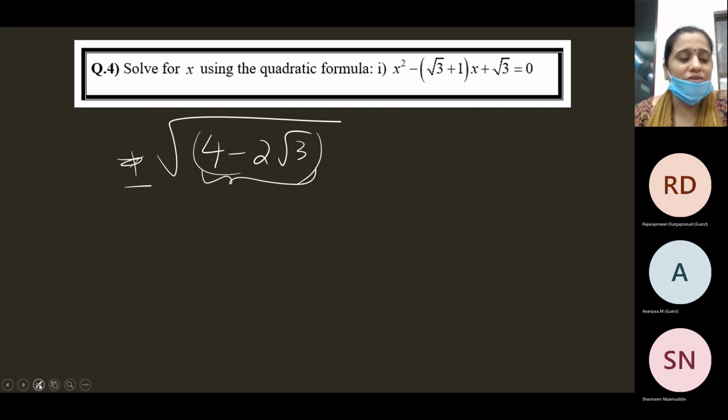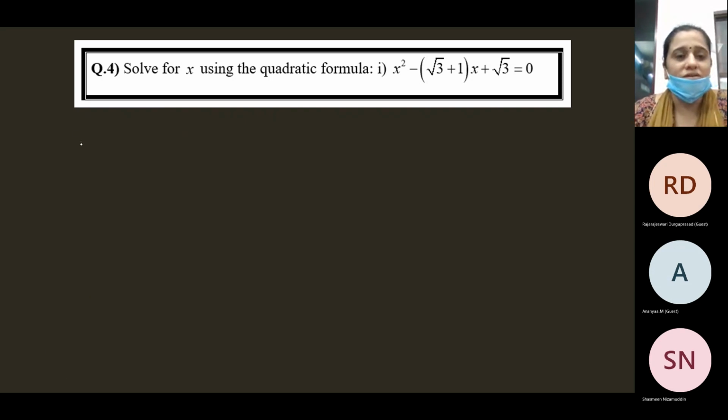So mostly we expect a perfect square, at least for 10th standard. If D is some number like 11, that's okay, plus root 11, minus root 11. When it's an expression, in almost all cases, we want it to be a perfect square. So you must tell me the expression for D, which is a perfect square. Now 4 minus 2 root 3 on the face of it does not look like a perfect square. Maybe you can do some alteration and make it a perfect square, but it doesn't look like one. 4 minus 2 root 3.